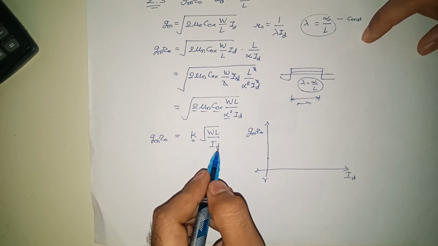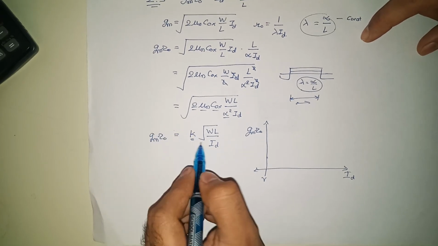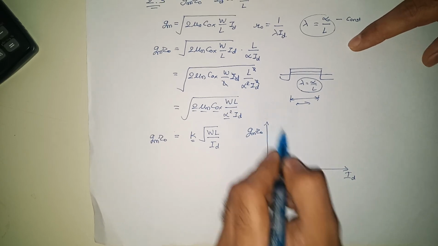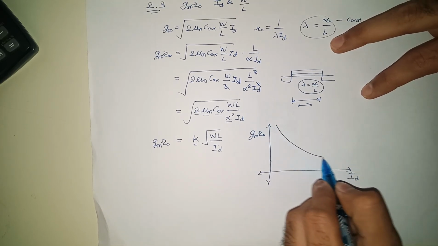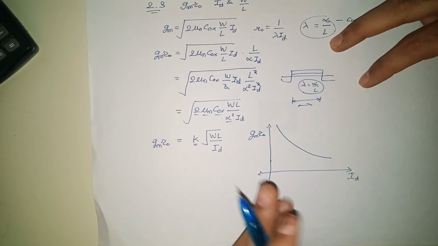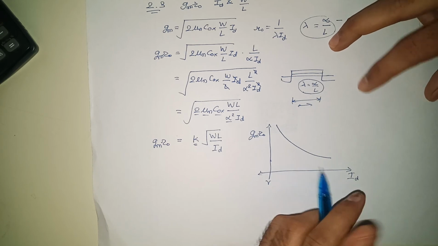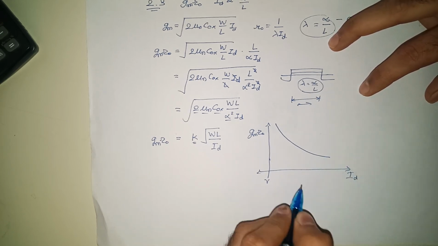So when ID goes up, gm·ro goes down, but due to this root, the line will not be straight; it will be slightly parabolic. Parabolic is just for understanding, don't take it as exactly parabolic. Okay, so this is one graph.